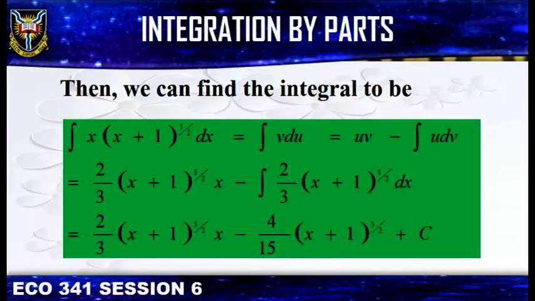Then we can find the integral of x times (x plus 1) raised to power half dx is equal to uv minus integral v du, which is 2 over 3 (x plus 1) raised to power 3 over 2 times x minus integral 2 over 3 (x plus 1) raised to power 3 over 2 dx, which is equal to 2 over 3 (x plus 1) raised to power 3 over 2 times x minus 4 over 15 (x plus 1) raised to power 5 over 2 plus constant.